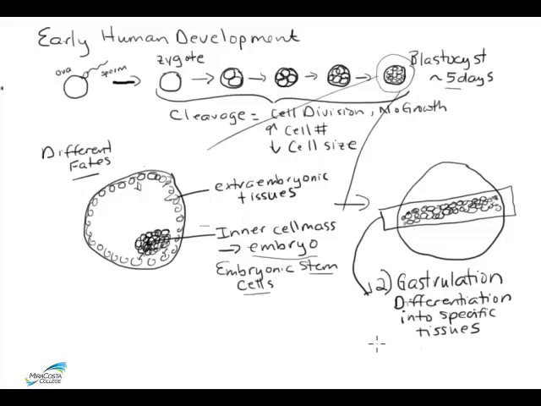And these specific tissue types that are generated by the process of gastrulation are the primitive, what are called germ layers that are going to produce all of the tissues of the body.